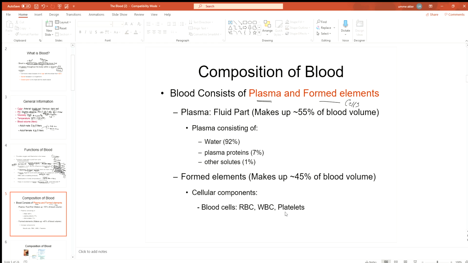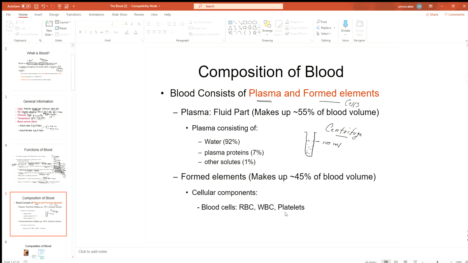Now, if you take 100 milliliter blood in a test tube, and if you centrifuge for a few minutes, what will happen?